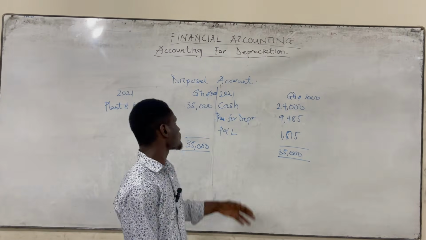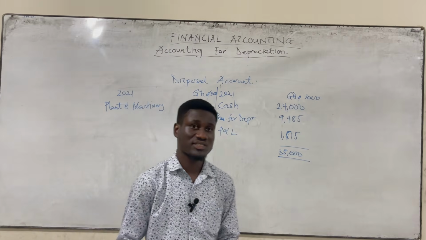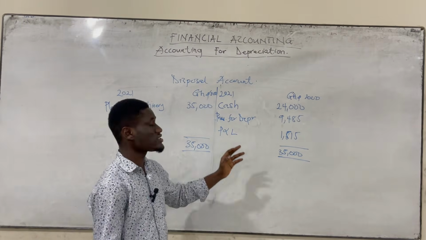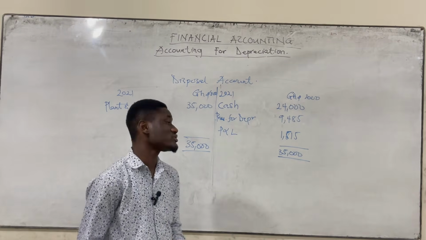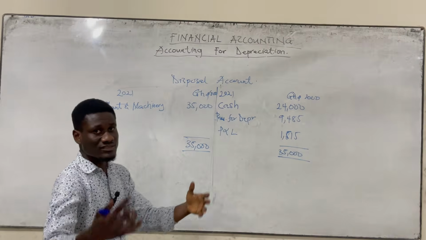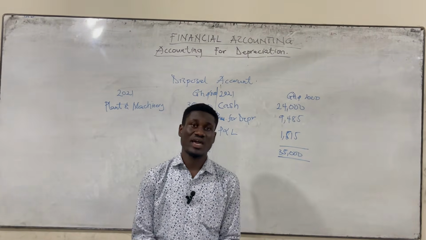So first of all, this question requires us to open our plant and machinery account, provision for depreciation for plant and machinery, then our plant and machinery disposal account. As I said, on the plant and machinery account, the debit side will be the original cost of the assets you bought.